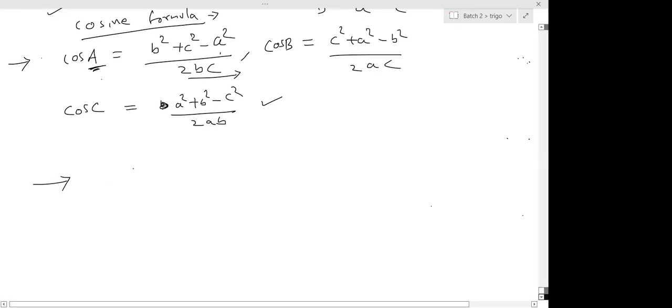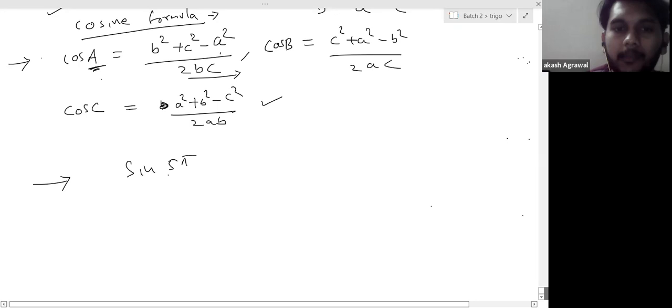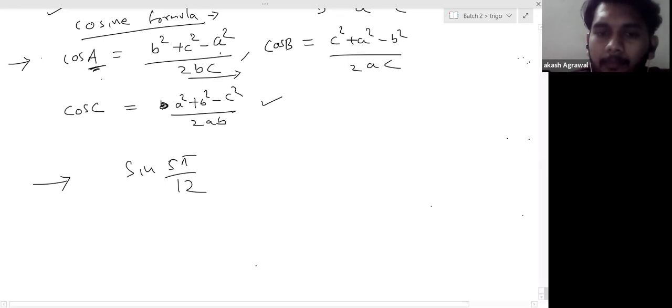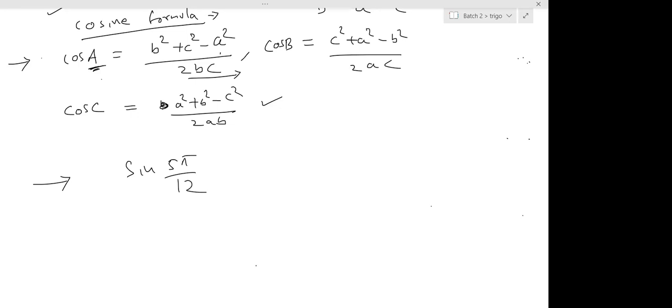The question is sine 5 pi by 12. Shaifullah, how can we solve this? Any ideas to split the theta? How to split?